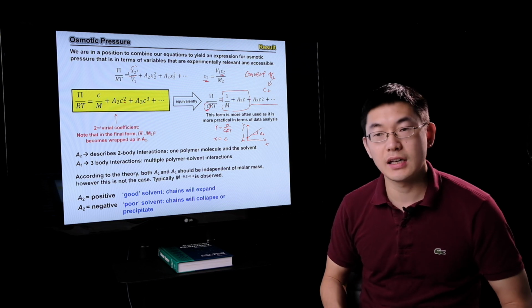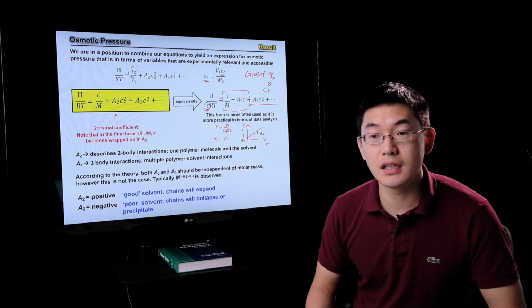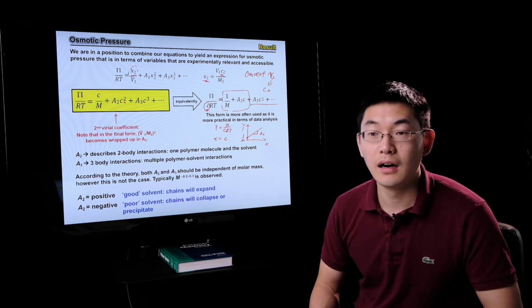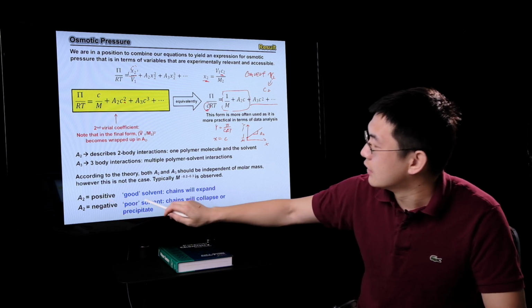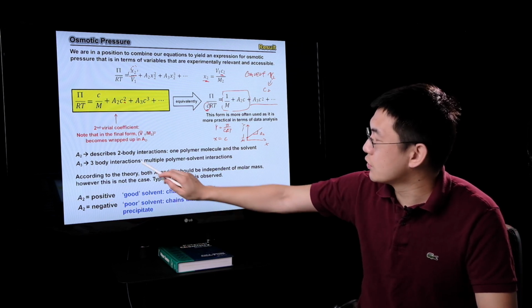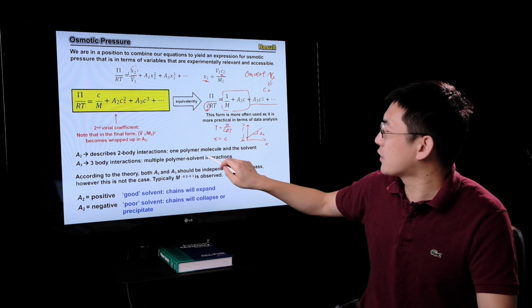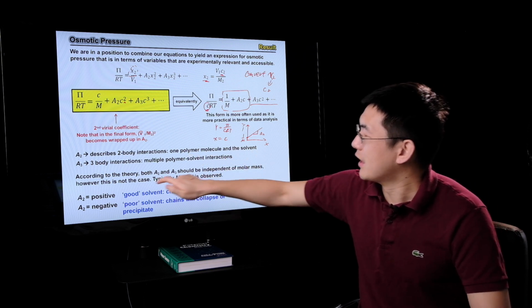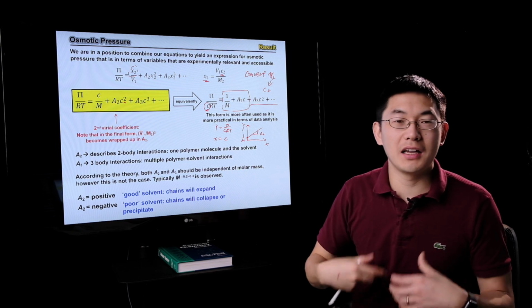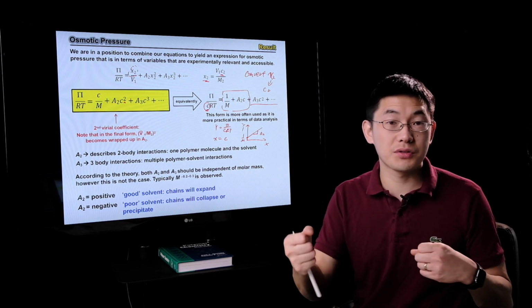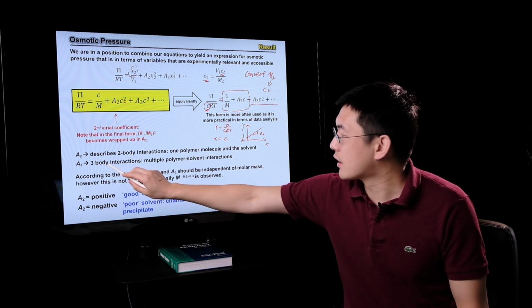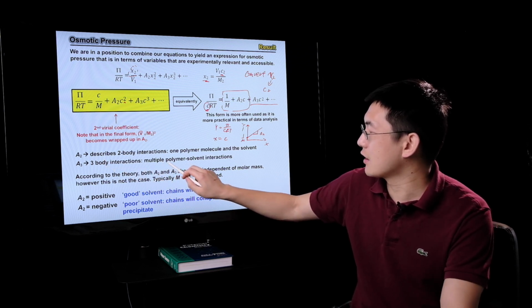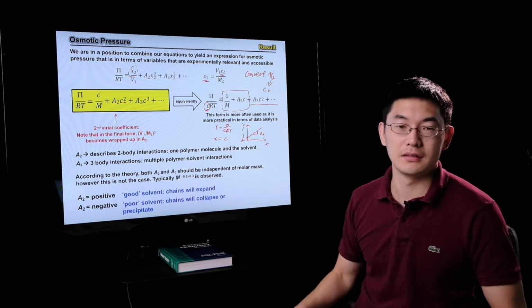I'll go into a little bit more detail. So what are the second and third virial coefficients in this particular case? The second virial coefficient A2 is related to two-body interaction, one molecule's interaction with solvent, and A3 is a higher order interaction. If you have 3 components inside the polymer, how do they interact with each other? This 3-body interaction can cover polymer-solvent interaction.